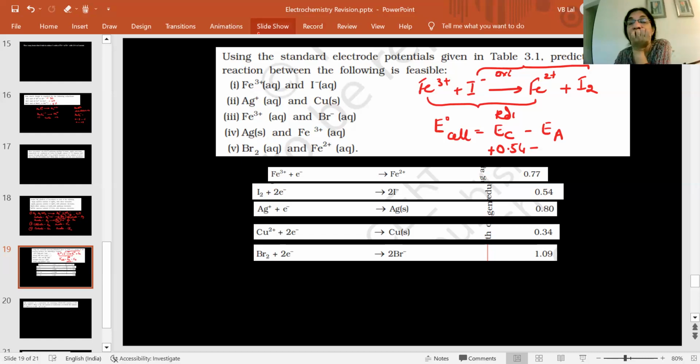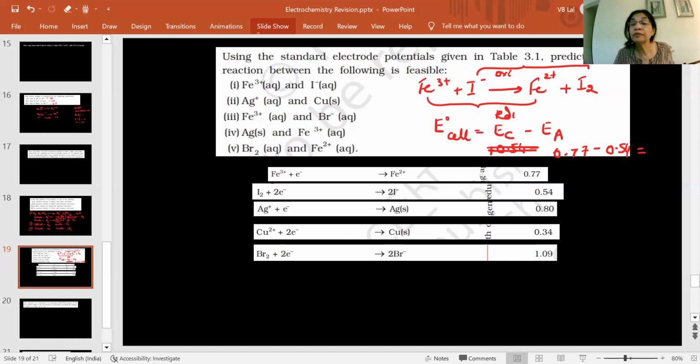Yes, you are right. So this one should be the cathode. Anode is where oxidation takes place. So this should be 0.77 minus 0.54, right? So what will you get? 0.77 minus 0.54.